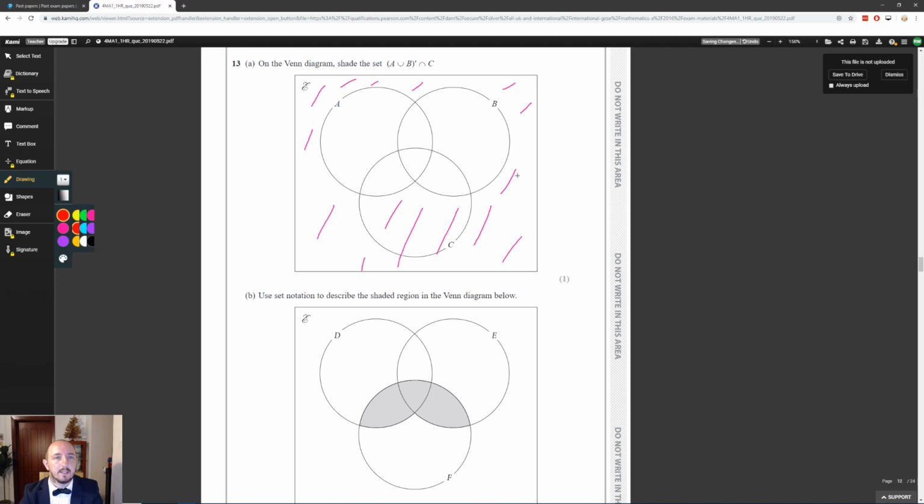And it's also the intersection with C, so it's got to be inside C as well. So we're looking at where the pink and the red intersect. If we just erase all of this, then the only part which was shaded would be this part here inside C, but outside of those two circles.